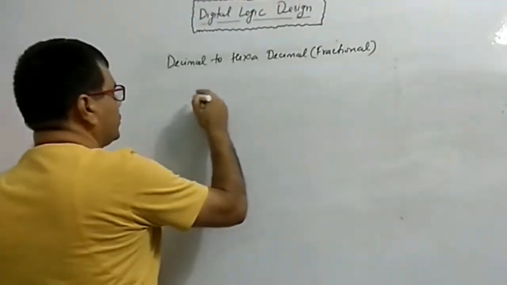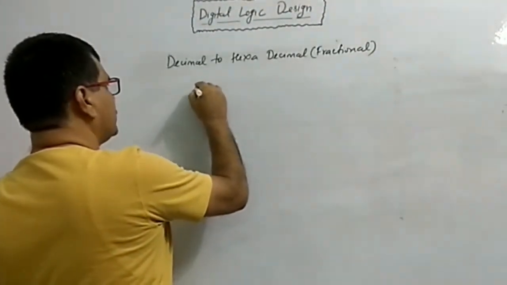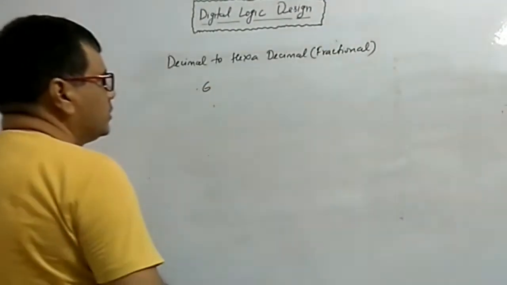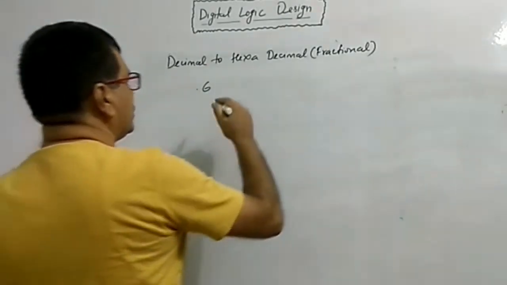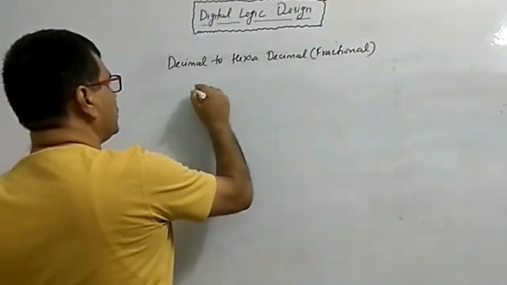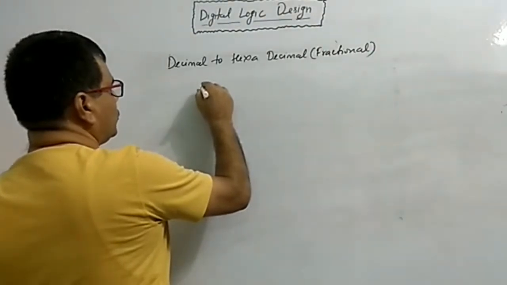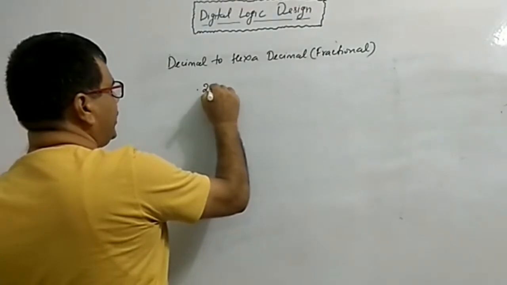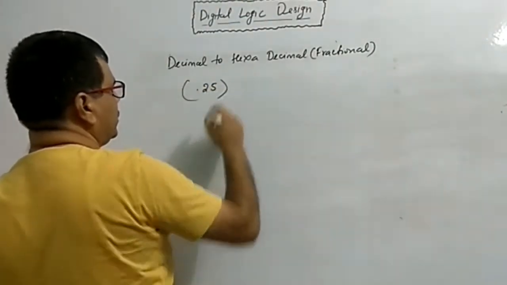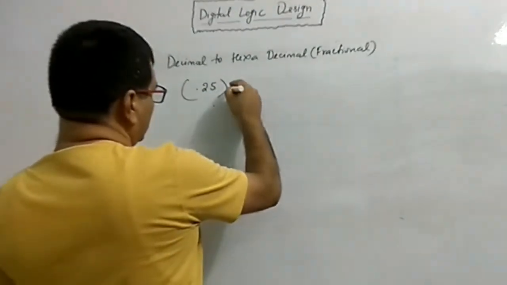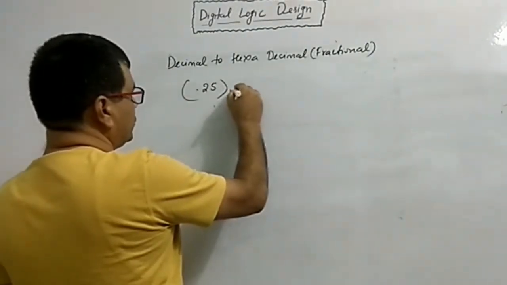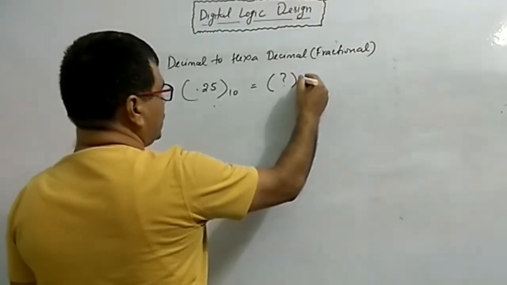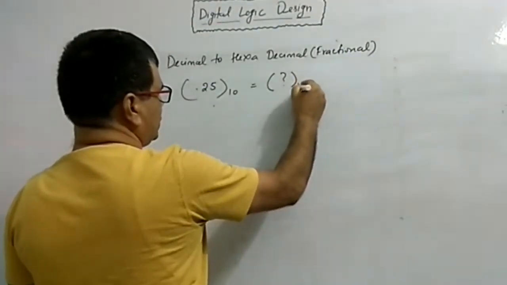Let 0.25 be in the decimal number system and you want to convert it into the equivalent hexadecimal number system.